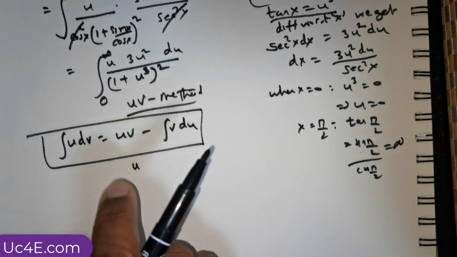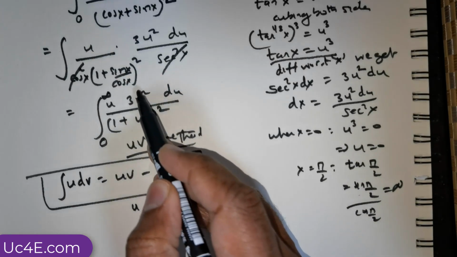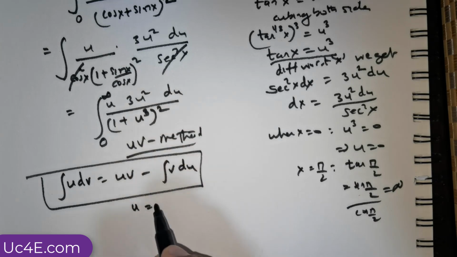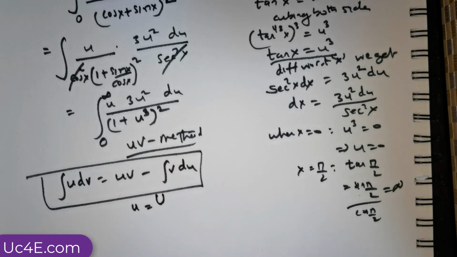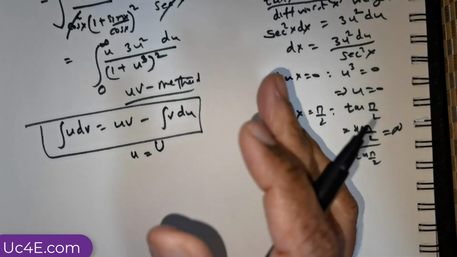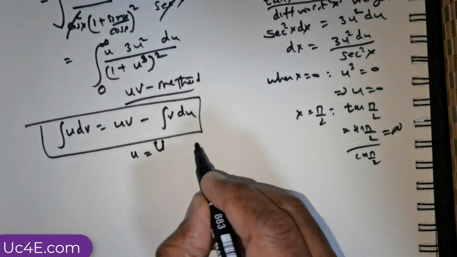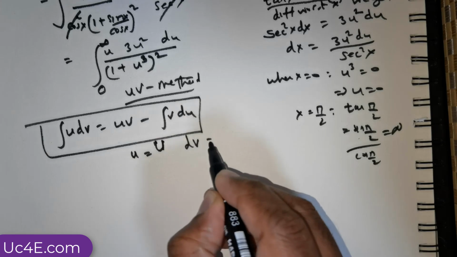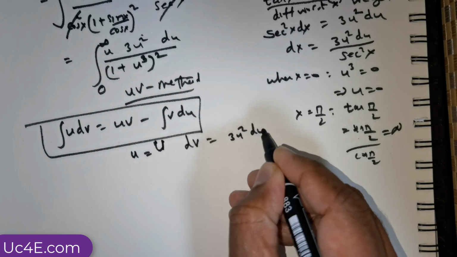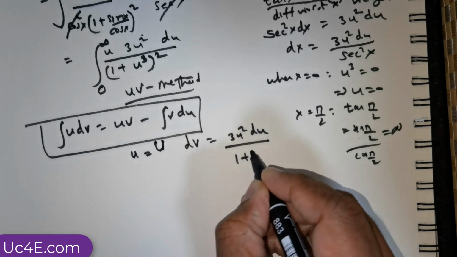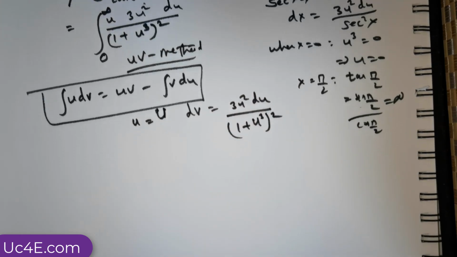So I would like to take the substitution as follows. Let me take this as capital U, just to have some differentiation. So u is equal to capital U, and I am going to take my dv to be the entire quantity: dv is 3 times u squared du divided by 1 plus u cubed, raised to the power of 2.